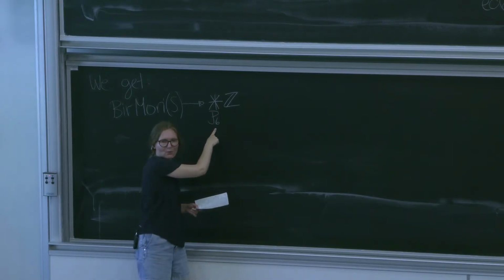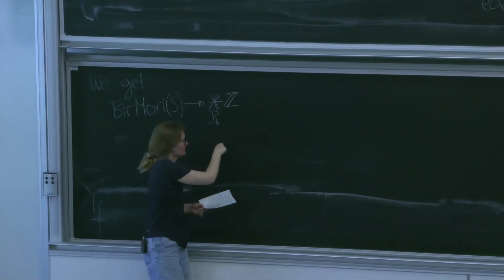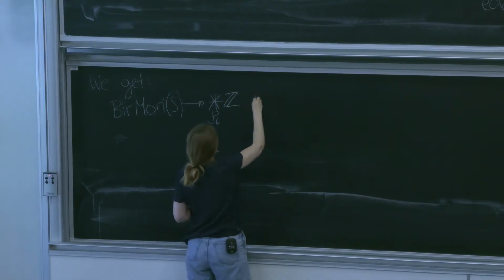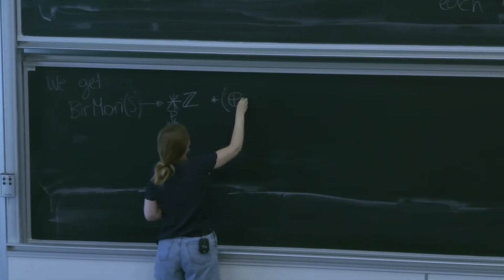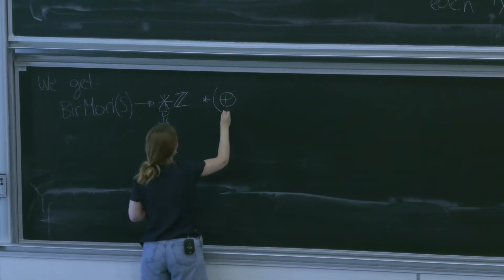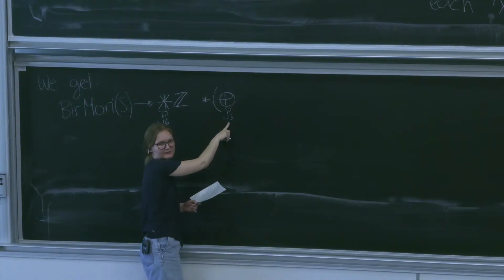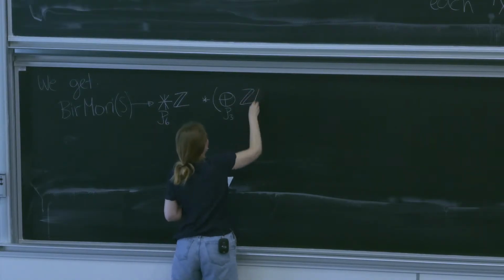Because there are no elementary relations involved. And free product with the links coming from the points of degree 3. And here we will get the Z modulo 3.